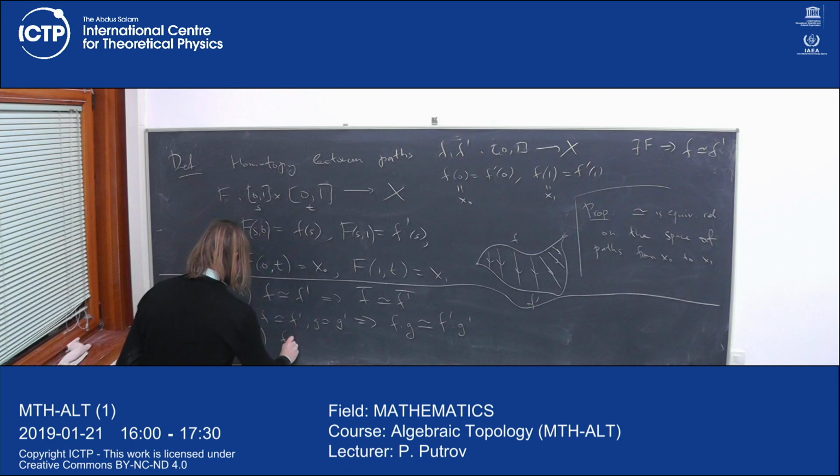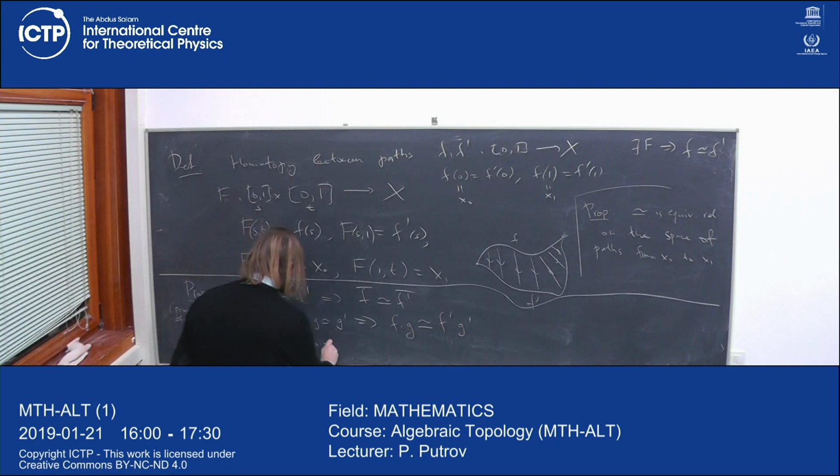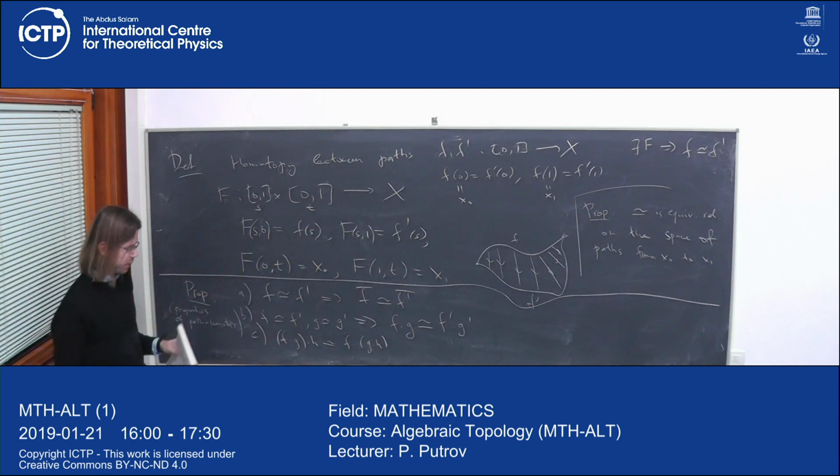C: if I take the composition first of f and g, and then h, this is homotopic to the composition done in a different order.